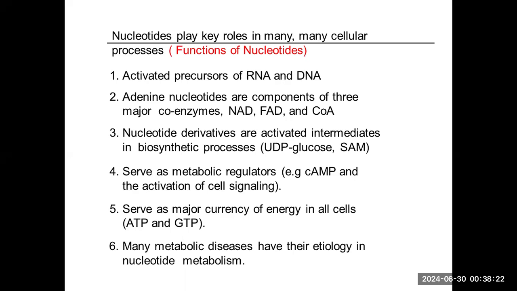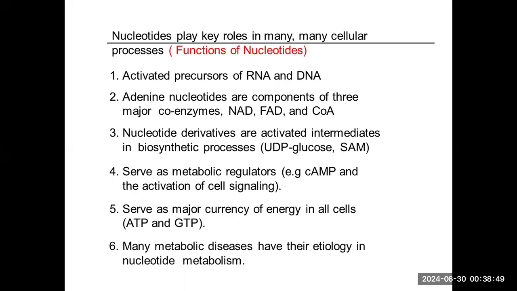Nucleotides serve as metabolic regulators as well. That is, they control the different metabolic pathways. For example, cyclic AMP, which is also known as second messenger, and the activation of cell signaling by these nucleotides. They also serve as a major currency of energy in the cell.